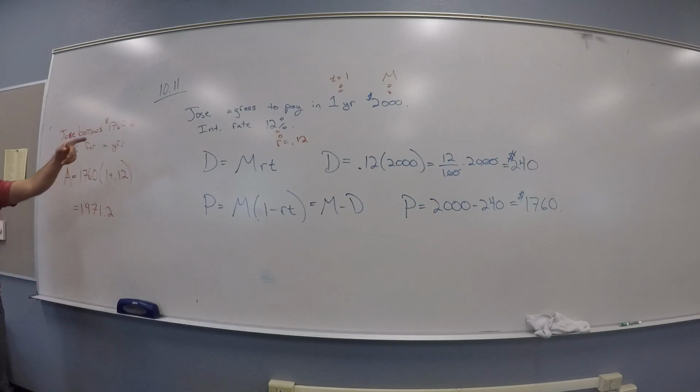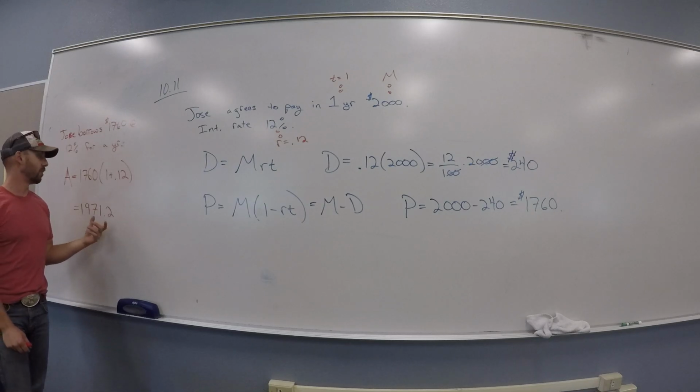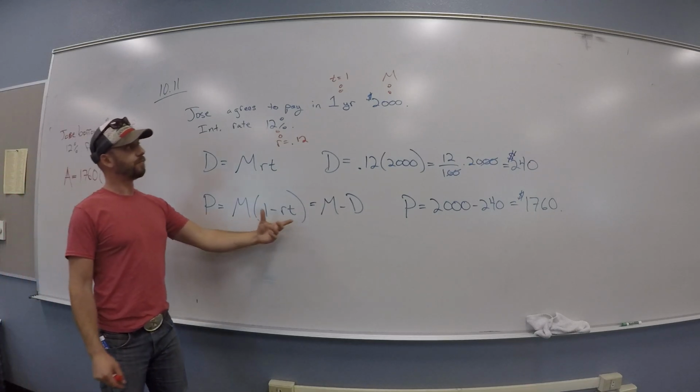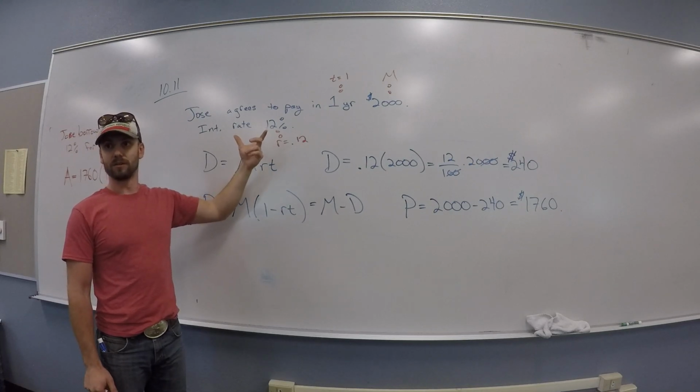So the simplicity of discounting means that he's going to end up paying a little higher effective interest rate. That's a theme that we're going to use for our next couple of things, this idea of an effective interest rate. So here, Jose's effective interest rate is a little higher than 12%. You guys see that?